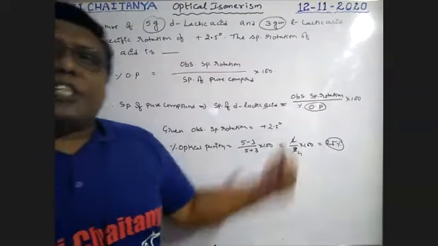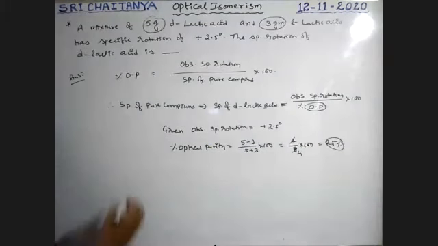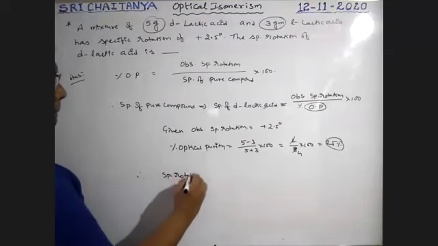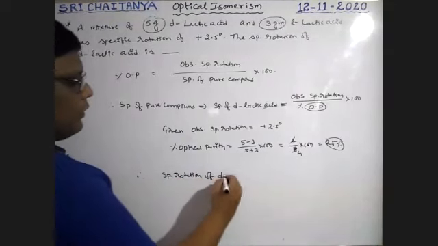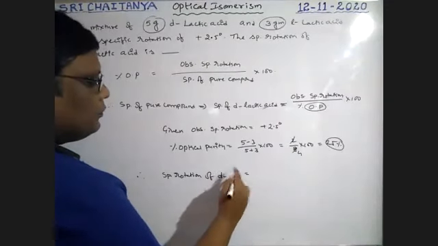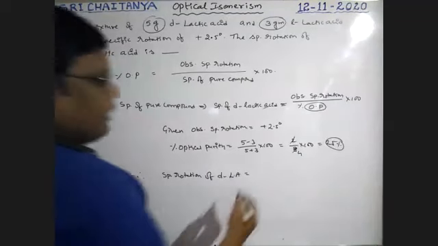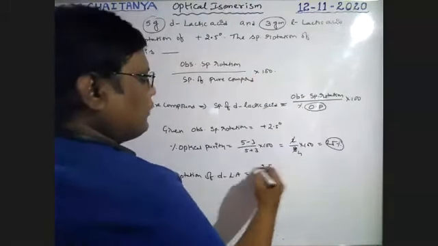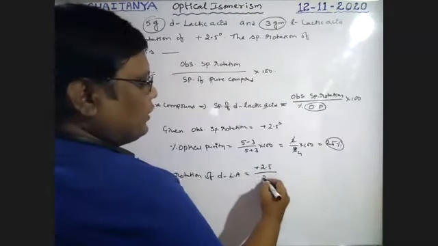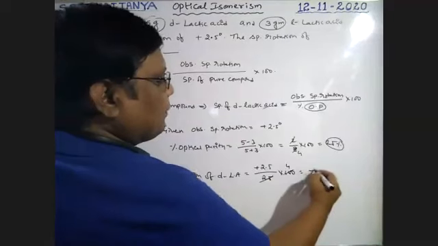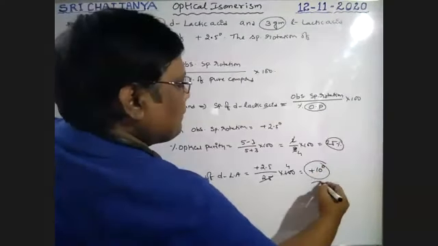The observed specific rotation is plus 2.5. Therefore the specific rotation of D-lactic acid is equal to 2.5 by 25 into 100, so it is 4 times, plus 10 degrees.